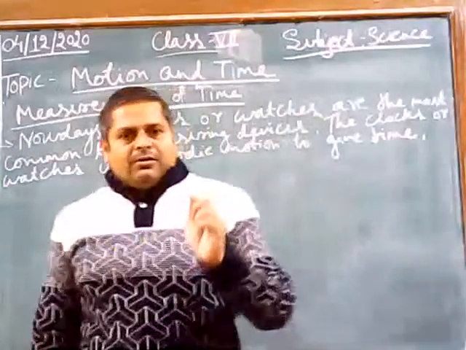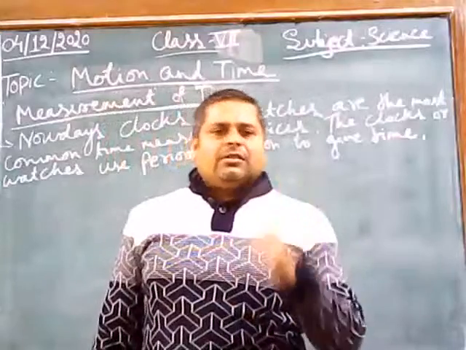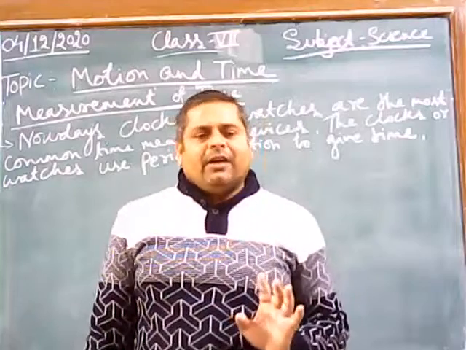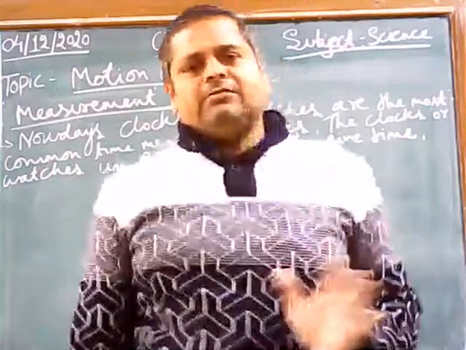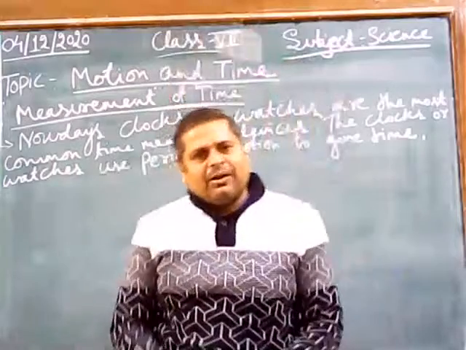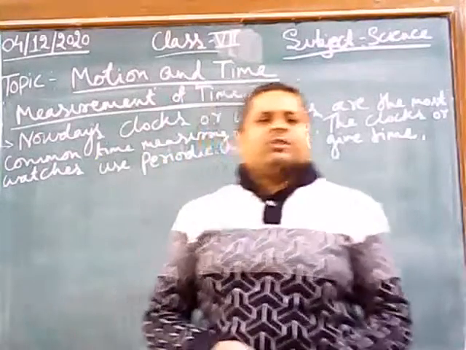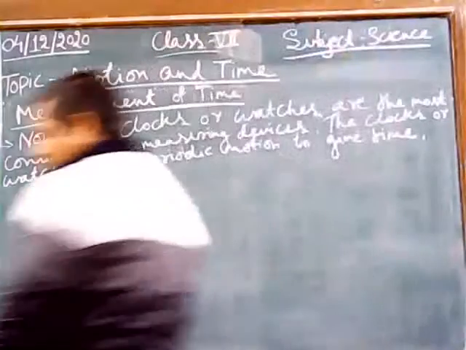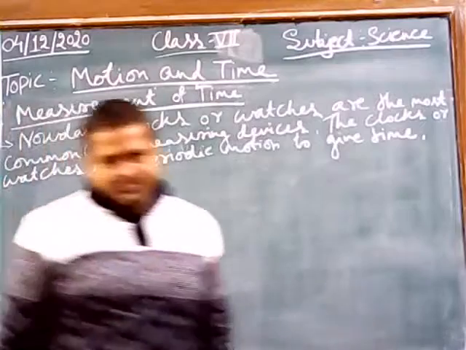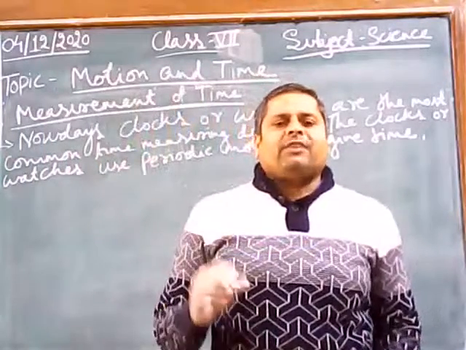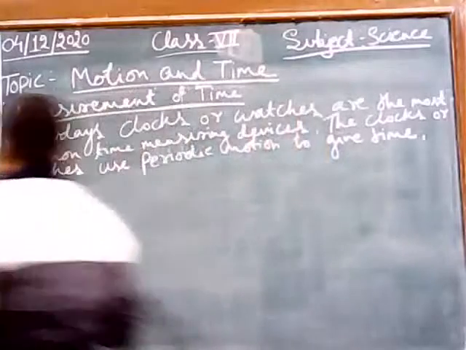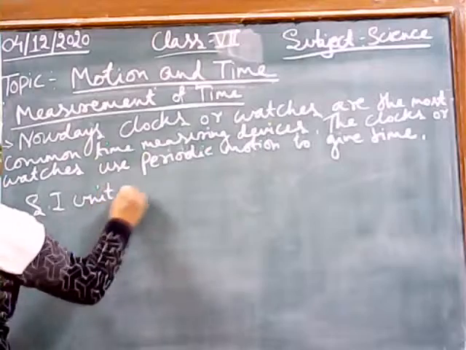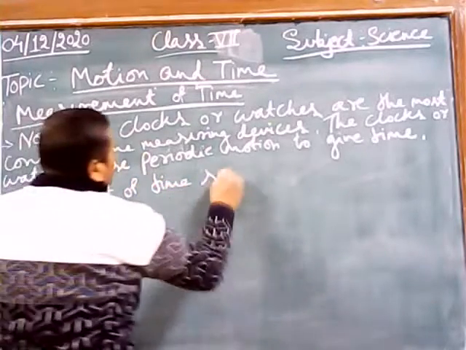Then the minute hand completes one revolution in 1 hour, and the hour hand completes one revolution in 12 hours. Okay, so this is periodic motion, by virtue of which we come to know the time. So this is all about the time. Now, what is the SI unit of time? It is second. SI unit of time is second. Okay.